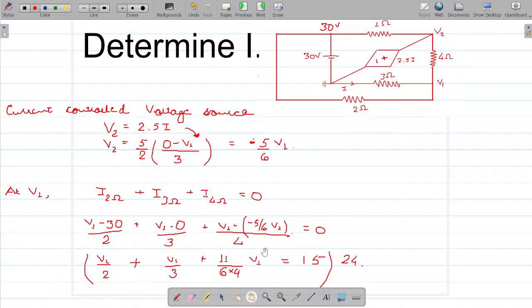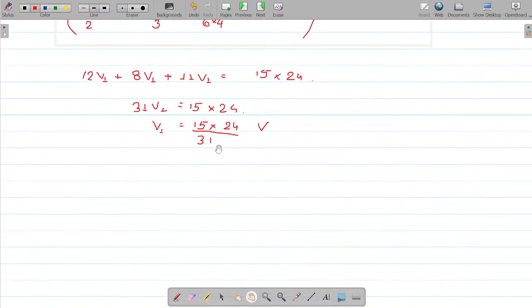So in this case, what would I be? I is equal to minus V1 by 3, right? Is equal to minus 1 by 3 times 15 into 24 divided by 31, right? So what would your answer be? Use your calculators and do it.